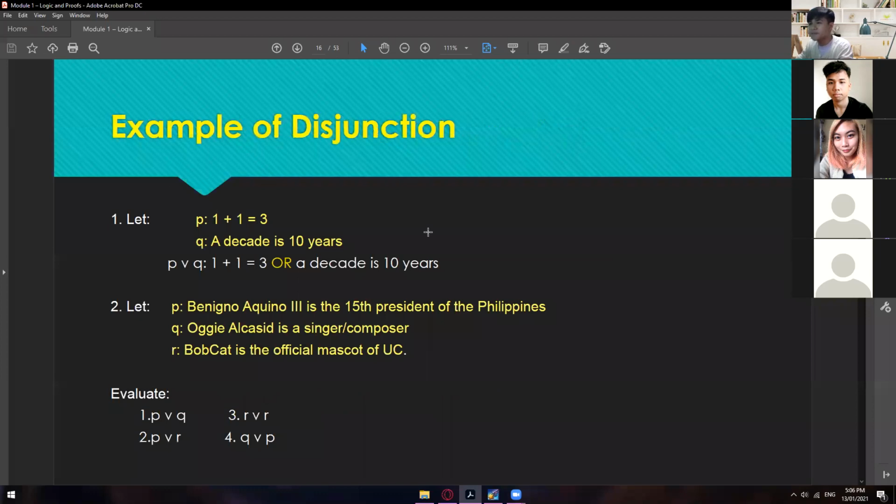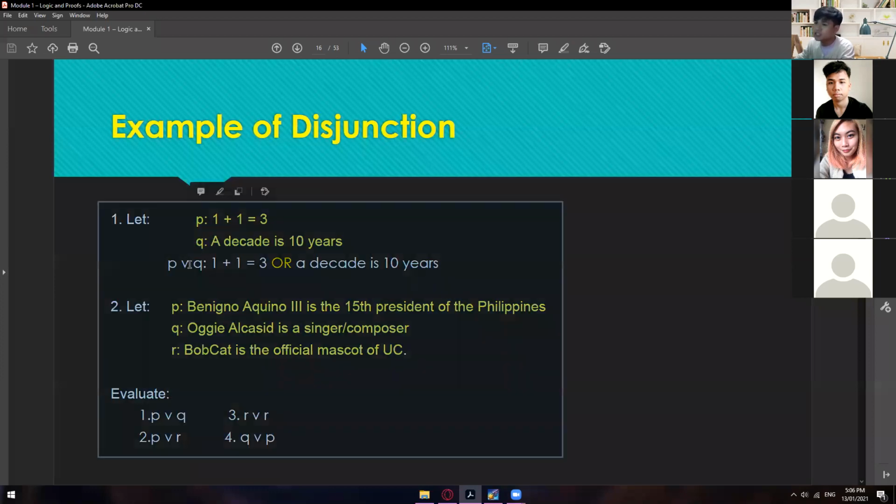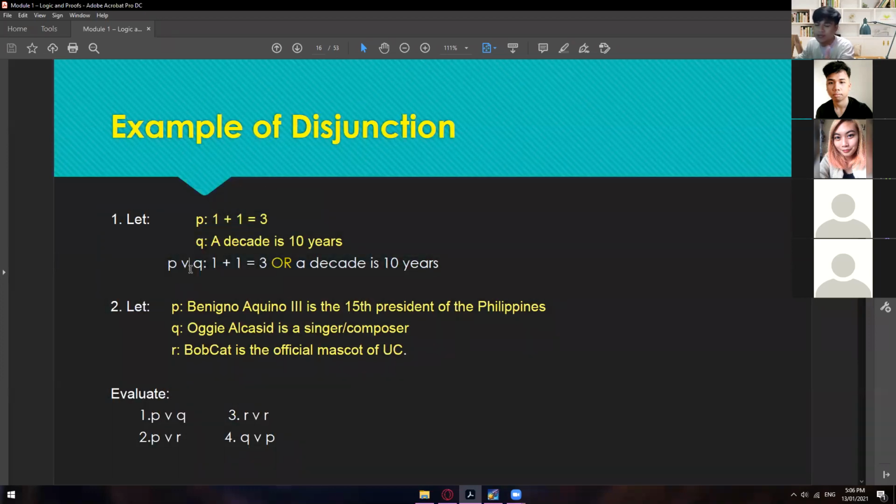Okay, so let's have some example of disjunction. Same lang to sa kanina. All you need to do is get this one as the P and then change this one into a readable statement, which is yung symbol na V is or. So 1 plus 1 is equal to 3 or, and then Q is a decade is 10 years.